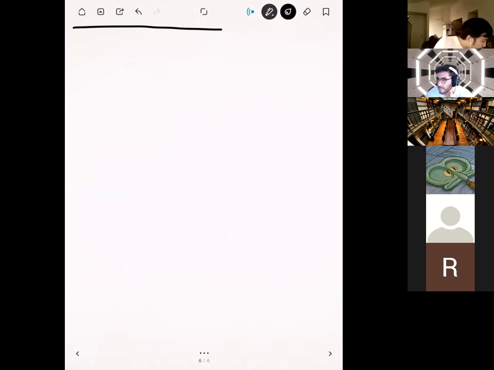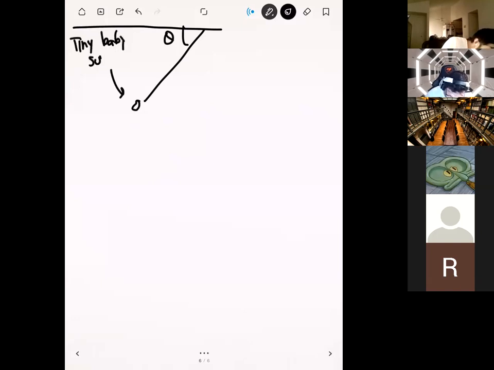Okay. So let's draw the same situation where we have an angle theta here. But instead of a big surface, let's say that we just have a tiny surface. So this is like a tiny baby surface. Because it's a tiny baby surface, we can say that the area of the surface is dA. I indicate the d right there just to indicate that it's really small.